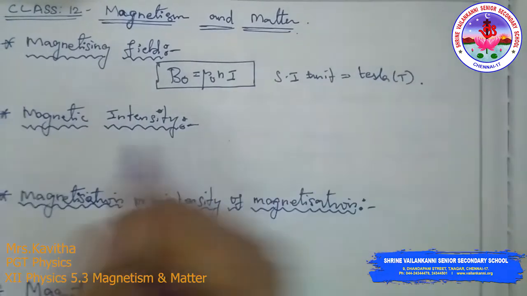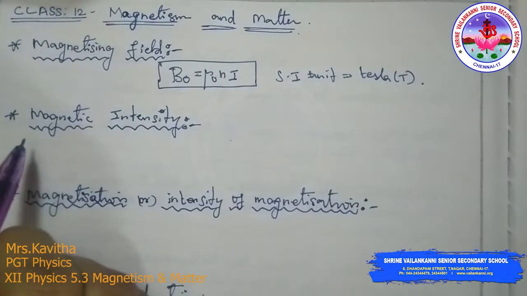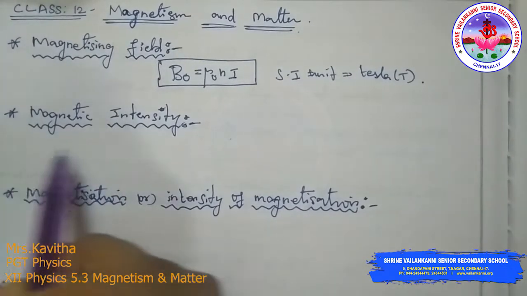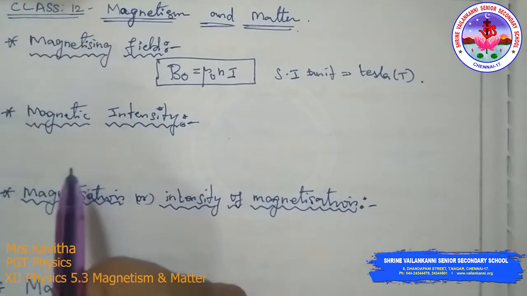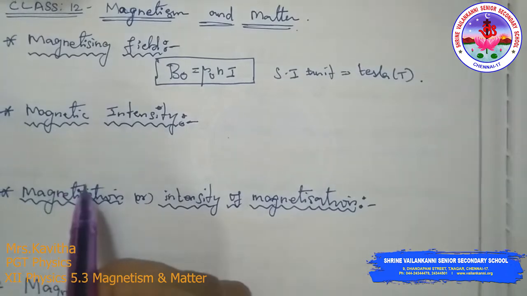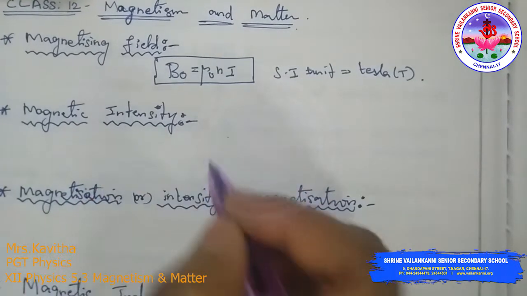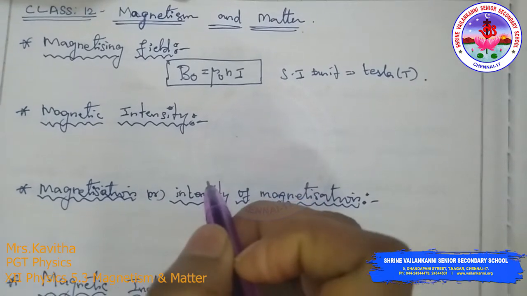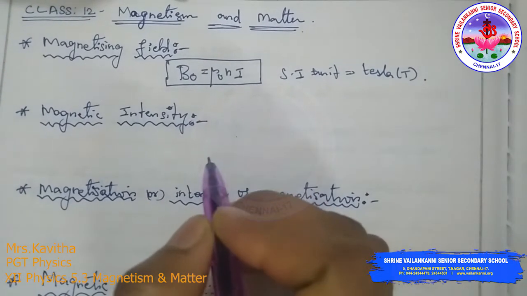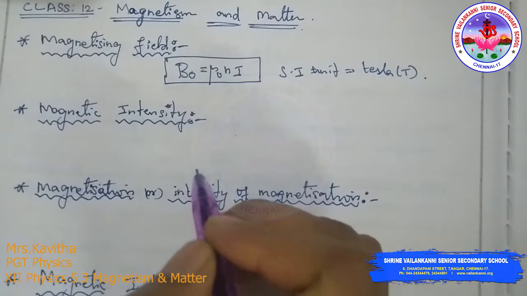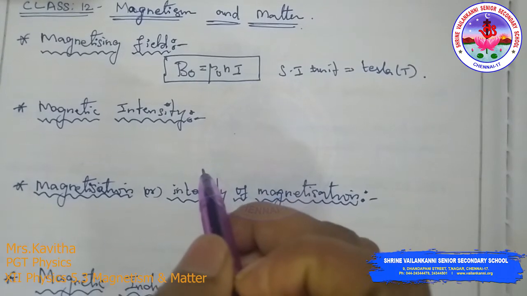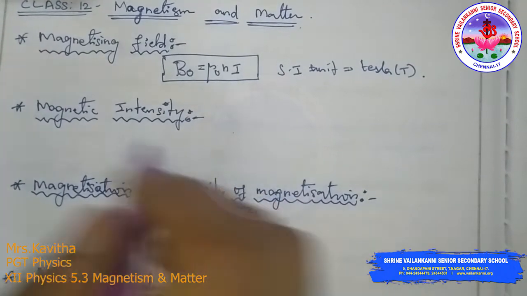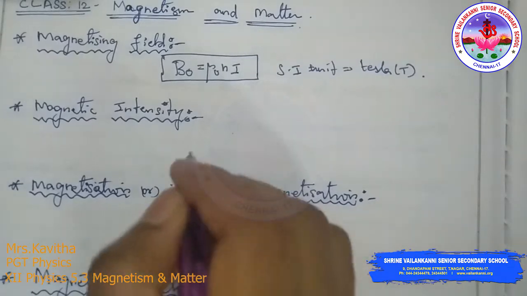Then what is magnetic intensity? We can call it magnetizing field intensity or magnetic intensity. It is the number of ampere turns, that means the current which passes through a conductor, flowing round the unit length.